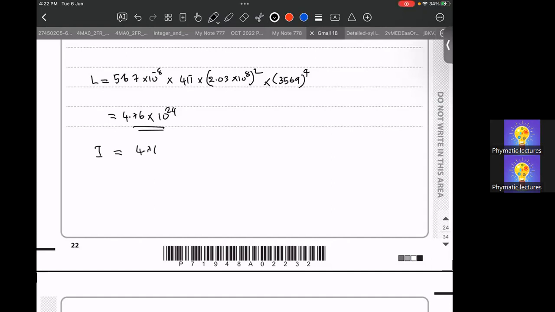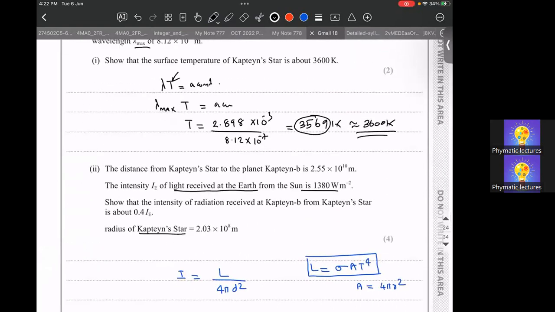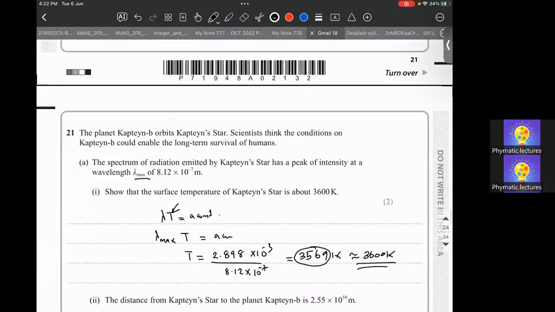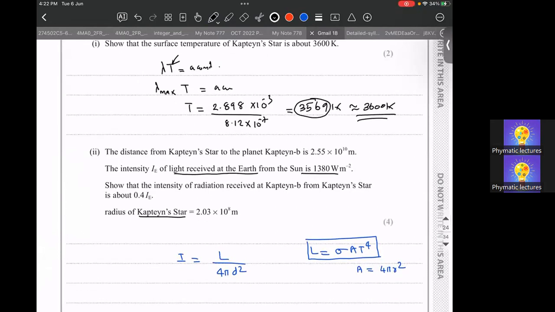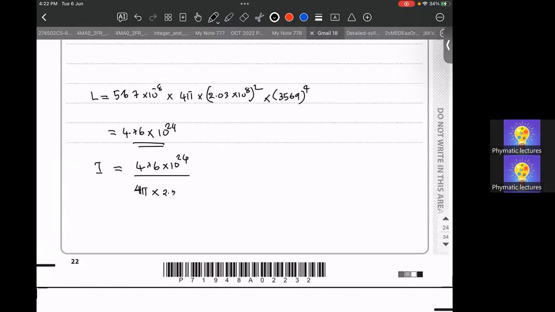The luminosity, that is 4.76 into 10 to the power of 24, divided by 4 pi multiplied by R square. What is the value of R? R is the distance from the star to the planet, that is 2.55 into 10 raised to 10, whole square. So that is nearly 583 watts per meter square.